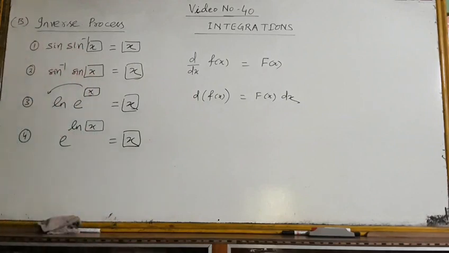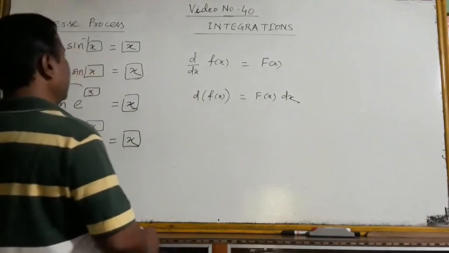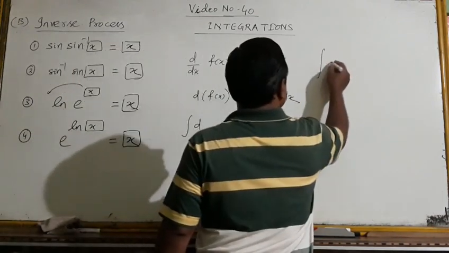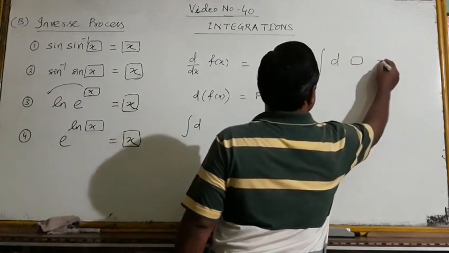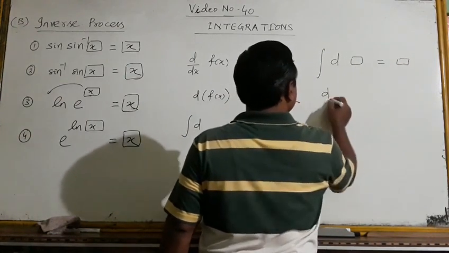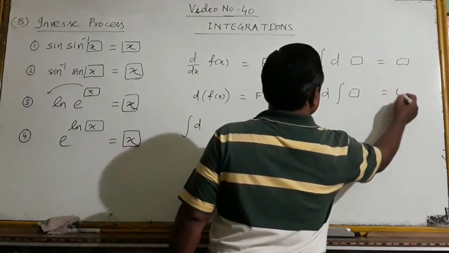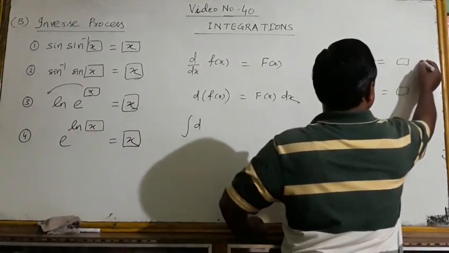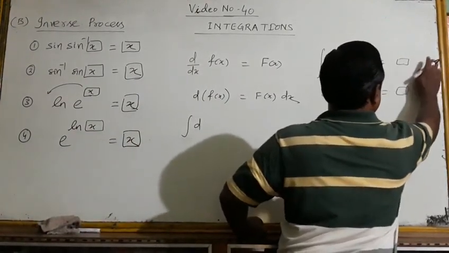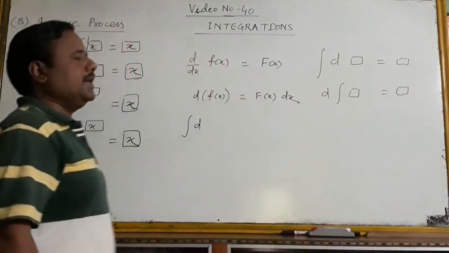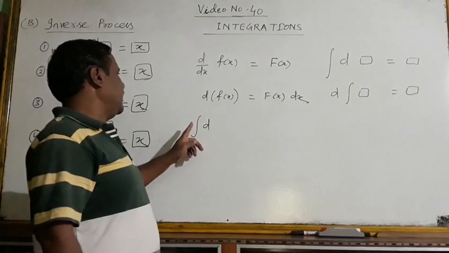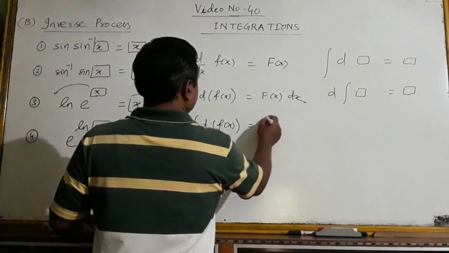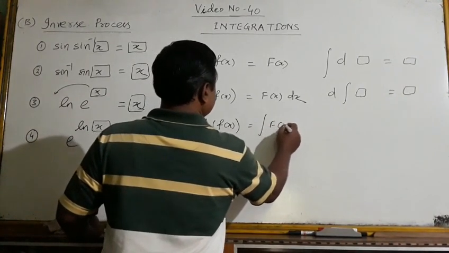Now, a very important thing here: they are inverse processes. Integration and derivative are inverse processes. Integration of the derivative of anything is that thing, and the derivative of the integration of anything is that thing. But the only small difference is that there will be a c. I will tell it later. Integration and derivative are inverse processes. The derivative of the integration of fx is what? It is integration fx dx.